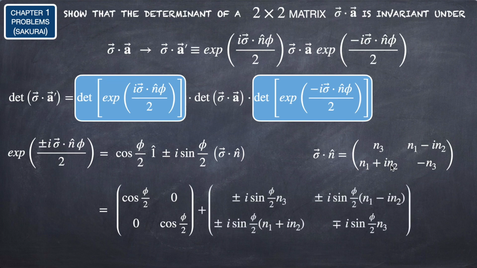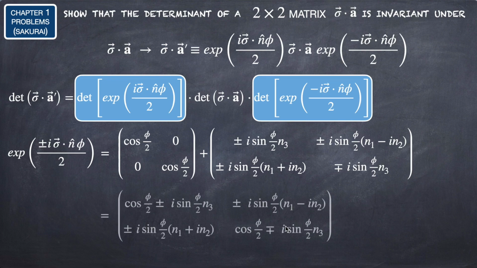Okay, so now, since we have this factor multiplying sigma n, we will get plus minus I sine of phi over 2 multiplied by n3, the same multiplying minus n3, that's why we get here minus plus, and then the same term multiplying n1 minus n2 and n1 plus I n2.